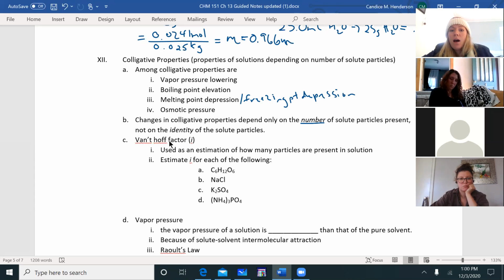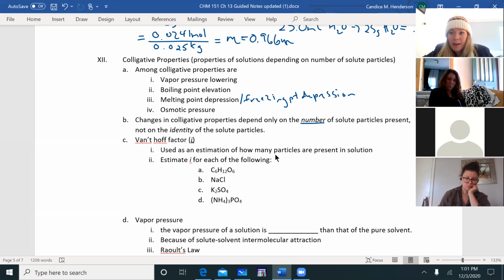So there's this van 't Hoff factor, which is an i factor, a little italicized i. This is used as an estimate to figure out how many particles are present in solution. Is it the exact amount? No, but it's close enough and it gives us a relative idea between different solutions.